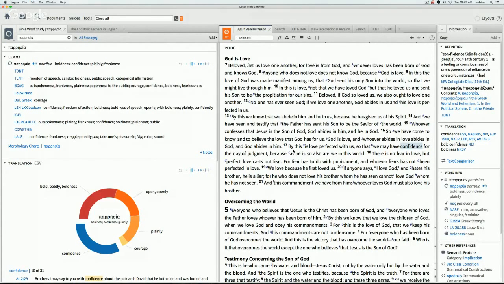By this is love perfected in us, so that we may have parousia for the day of judgment, because as he is, so also are we in this world. So it is God's love in us, his love that lives there, that gives us that confidence, that freedom to speak things as they are and to come to him boldly and with courage.